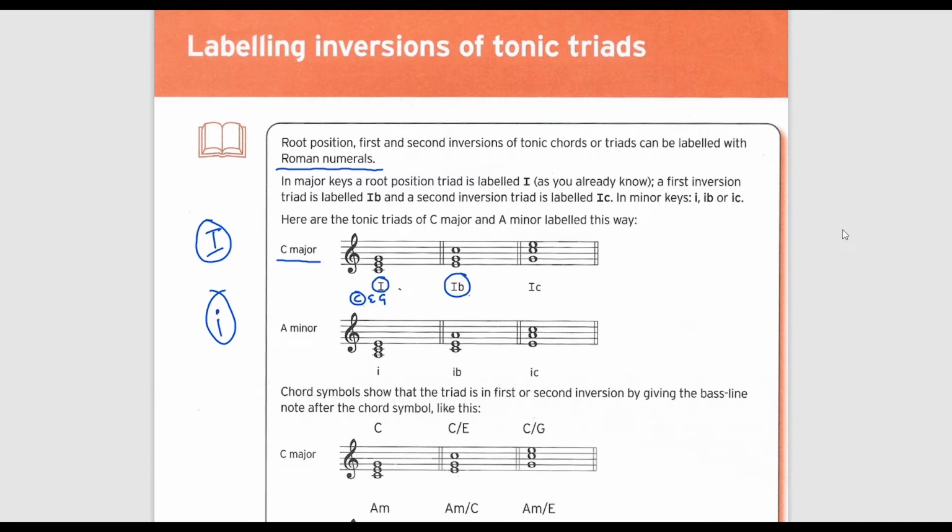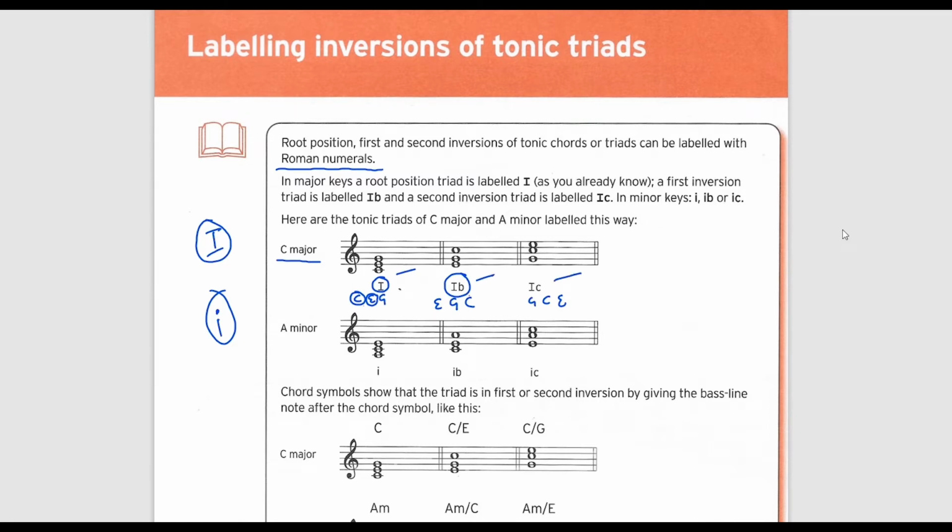Then E will be next, so it goes E, G and C, and this will come first, B. So this is major, root position, and this is the B of it. Now third will come G, C and E, so this is called 1C.